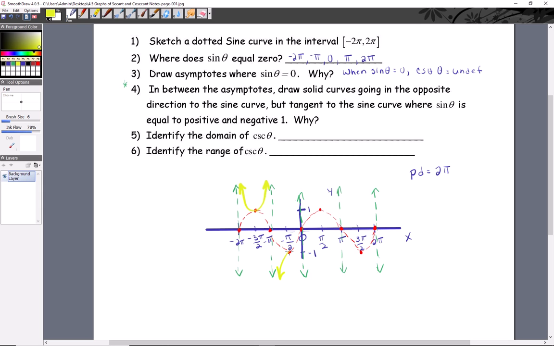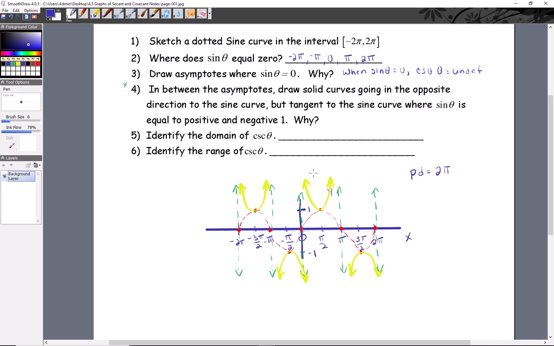Here's another one, and the two that I just drew make up a period, one up, one down. So here comes the second period, like so. And that is our cosecant graph right there in that yellowish color.